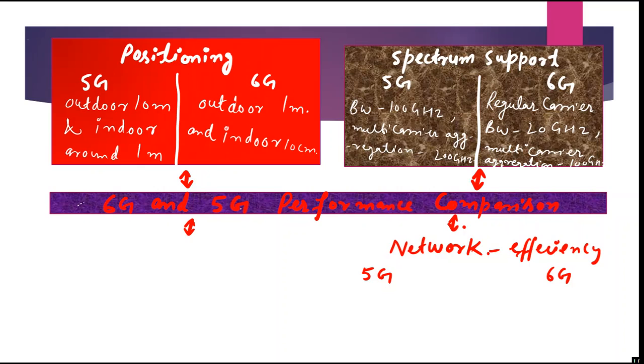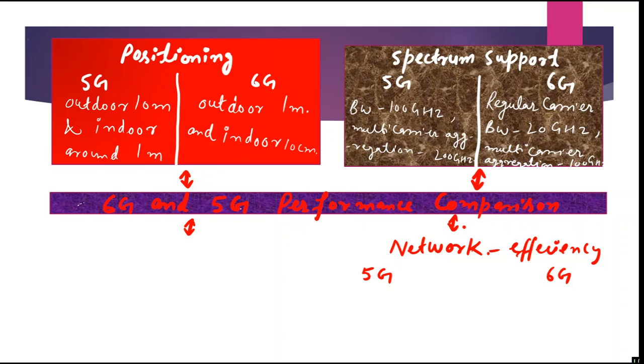As we know, the 5G spectrum is the gigahertz spectrum, and the 6G spectrum is the terahertz spectrum. In case of 5G, the total bandwidth for a regular carrier is 100 gigahertz, and for multi-carrier aggregation, 200 gigahertz bandwidth is used. In case of 6G, the regular carrier bandwidth used is 20 gigahertz.